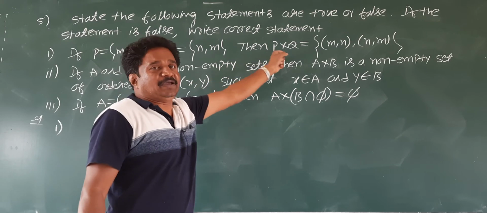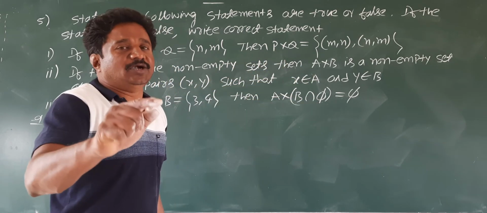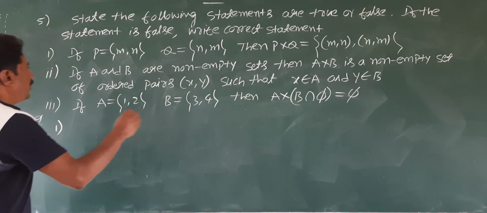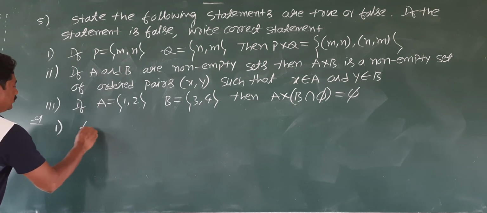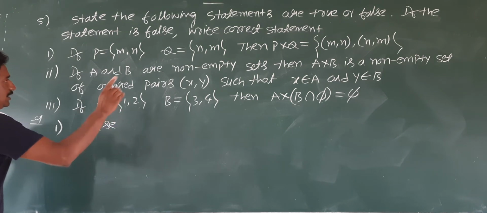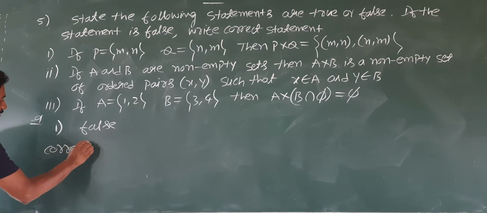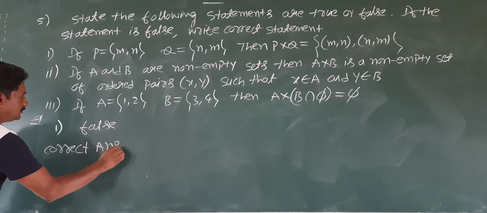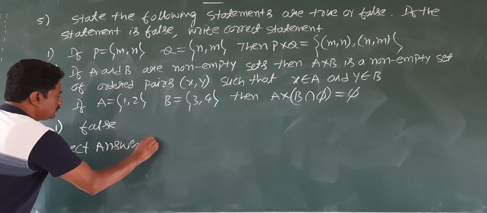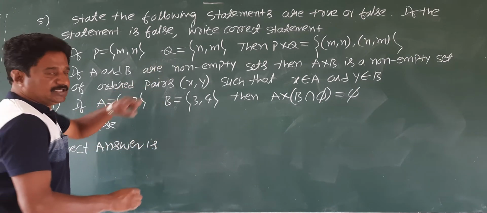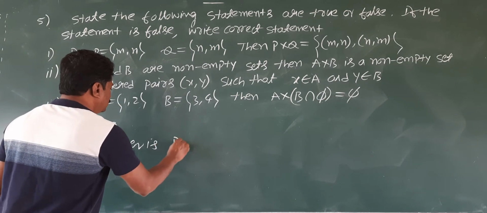Is this given P cross Q correct? Now it is false. So directly write false. The correct answer is P cross Q.